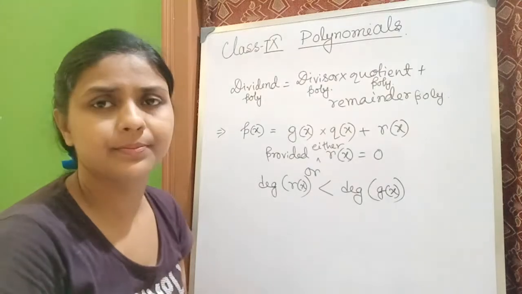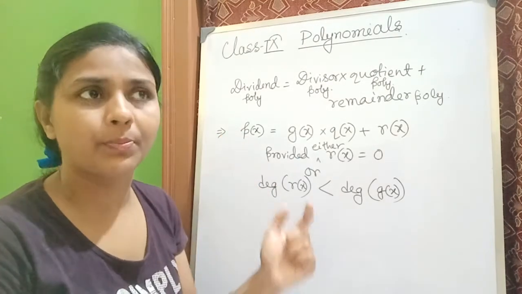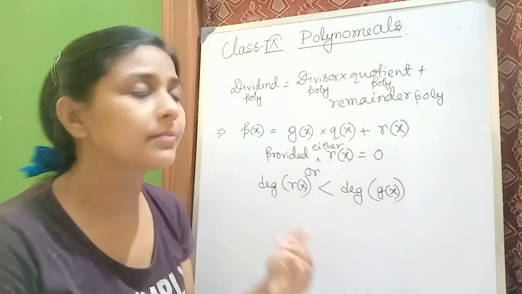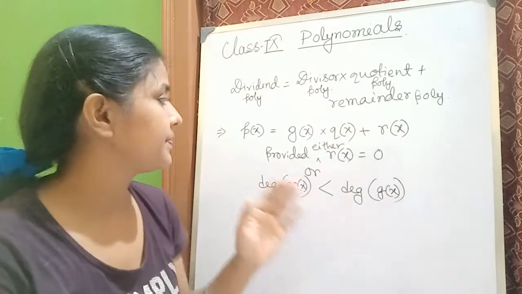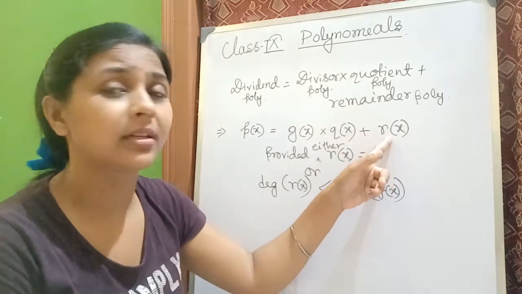What does it mean? If we are dividing one polynomial by another polynomial, obviously we will get one quotient and one remainder.